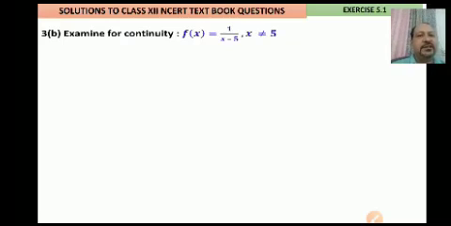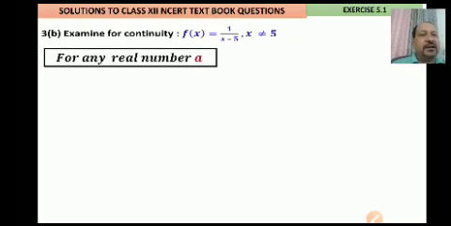Question number 3b. Examine for the continuity f of x equal to 1 upon x minus 5 when x is not equal to 5, since at x equal to 5 the function will not be defined.